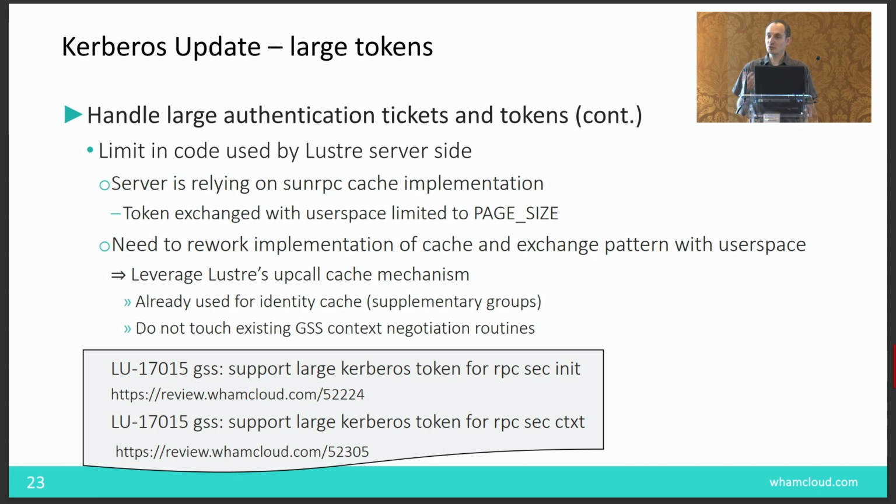So we thought about the best way to address this limitation. We looked at the current implementation of Sun RPC cache in the kernel. Even in most recent kernels, there is still this limitation. It hasn't been addressed, and the main reason, in my understanding at least, is that NFS is not using Sun RPC cache anymore for Kerberos authentication. So there was no more need for an update on this.